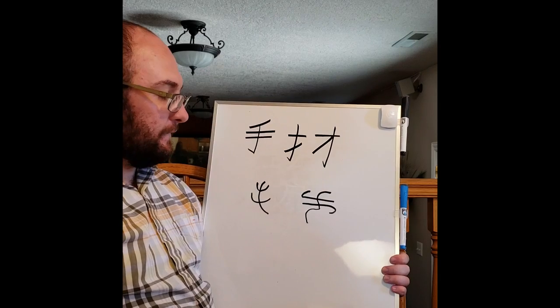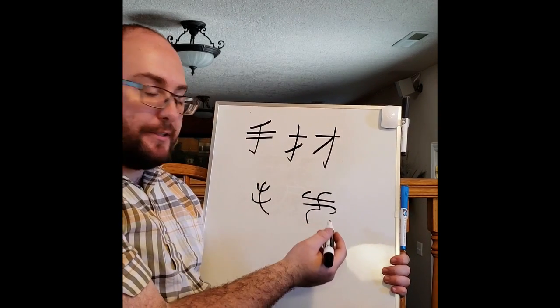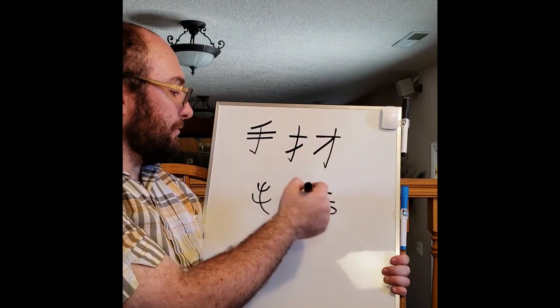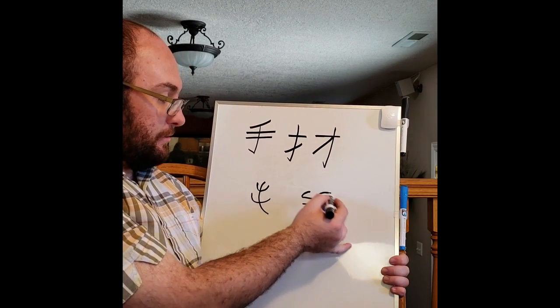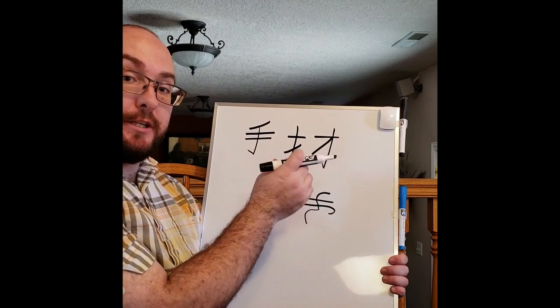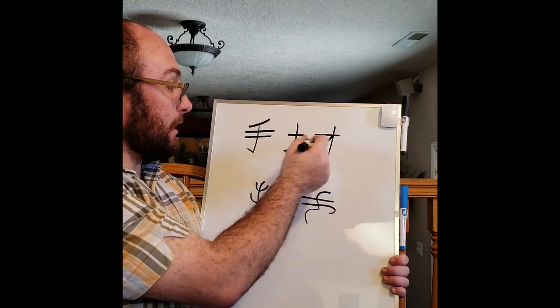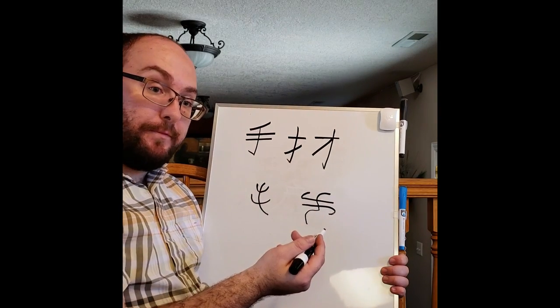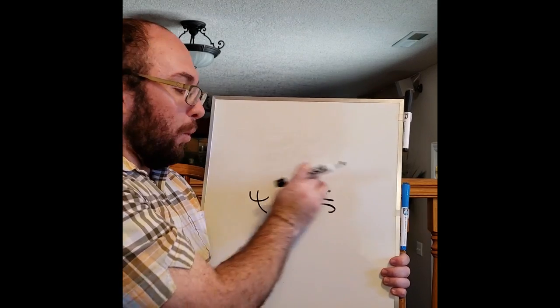I would rather write that or that than that. So you see how it's simplified. Originally, if there was a radical within a character, you would write that complicated version in the character and just squish it. So you see why it simplifies over time. So that's shou.